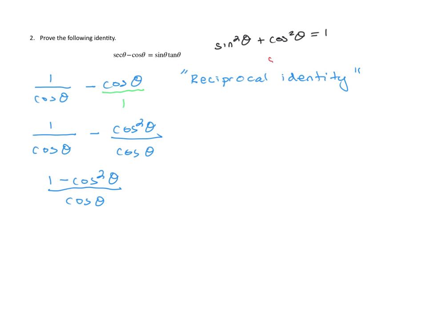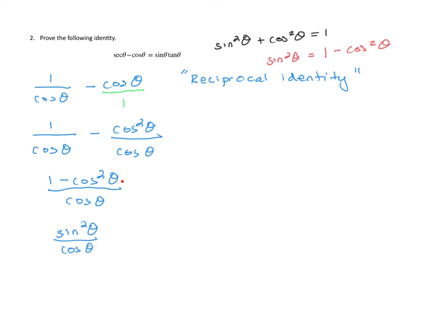In fact, I'm going to write that up here. Sine squared of theta is equal to 1 minus cosine squared theta. This means I can take this and replace it with this. So I'm going to swap that in. That is sine squared of theta divided by cosine of theta.